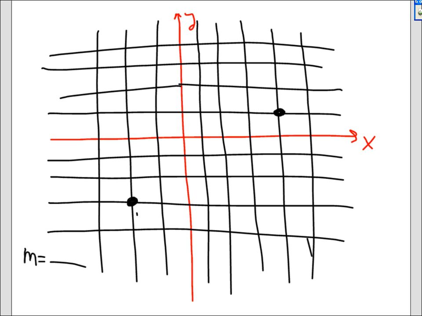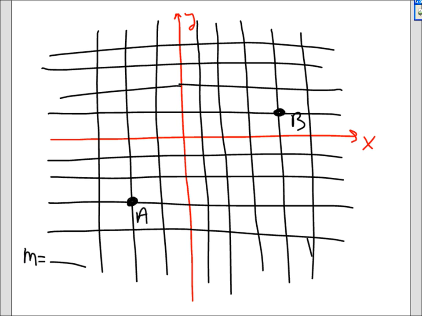What's the slope between point A and point B? How you go between the 2 points is up to you. You can go from A to B, you can go from B to A, and while you're going from A to B, you can take any route you want, and if you're going to go from B to A, take any route you want.